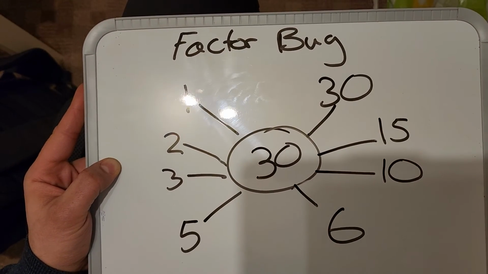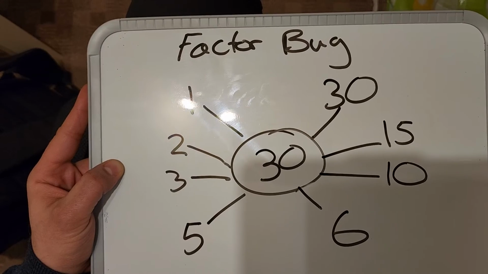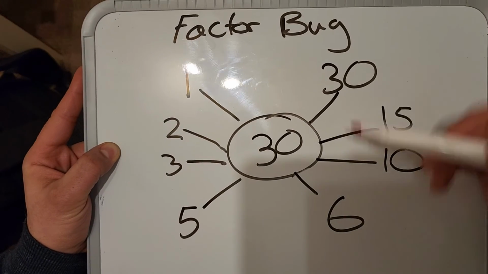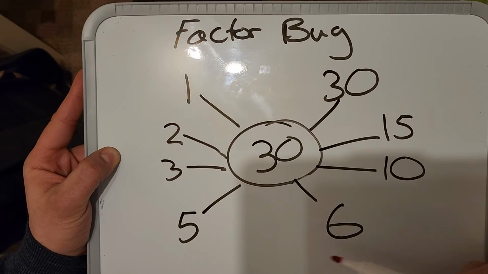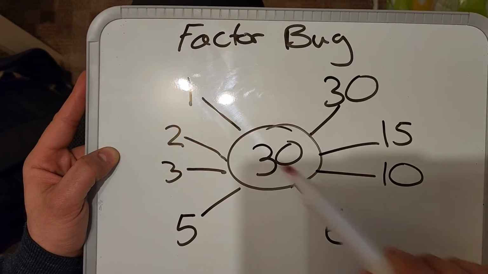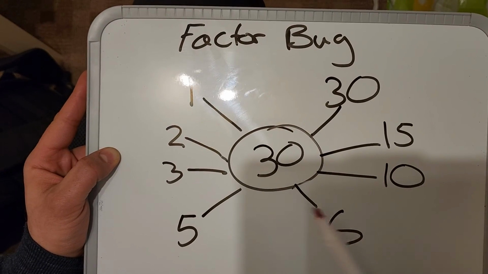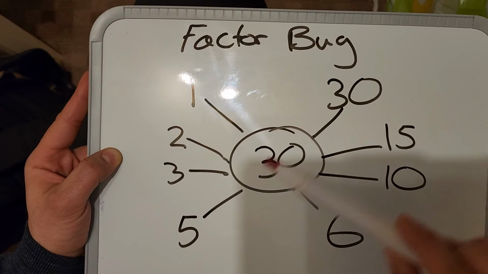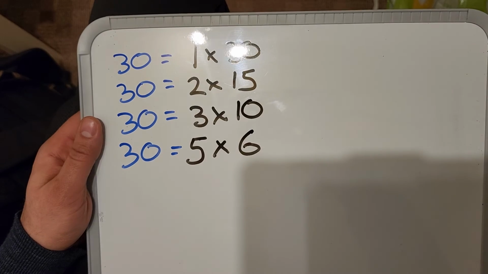Now, when we move up from 5, our next number is 6. But we have 6 here on the right-hand side. And because we have it on the right-hand side, we know we have found all the factors of 30. And 30 has 8 factors that are here. They come in 4 pairs, and each one of these is a factor of 30.